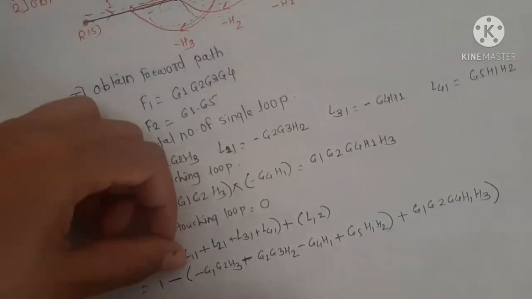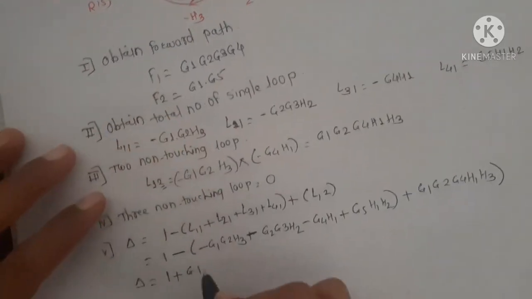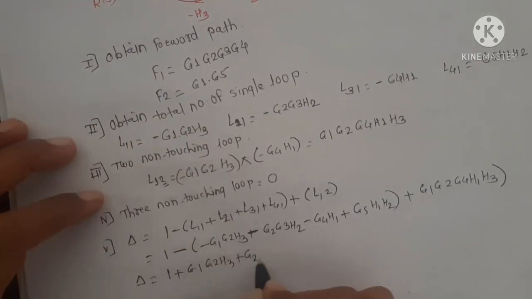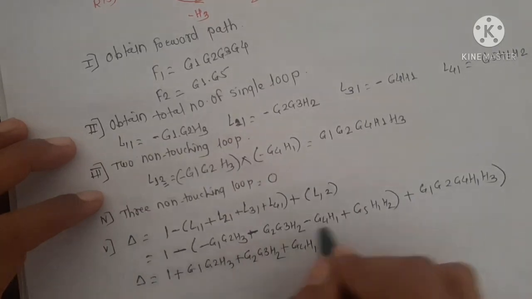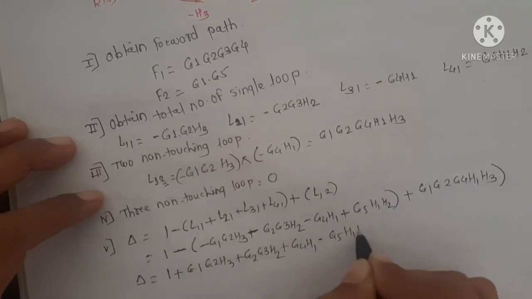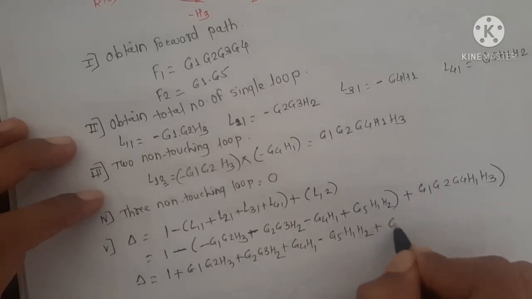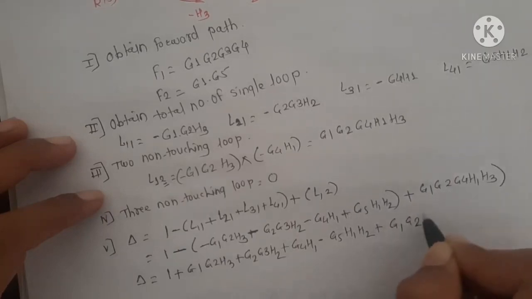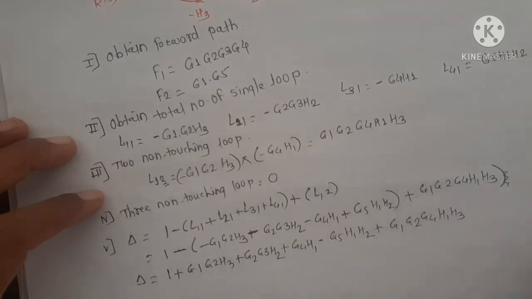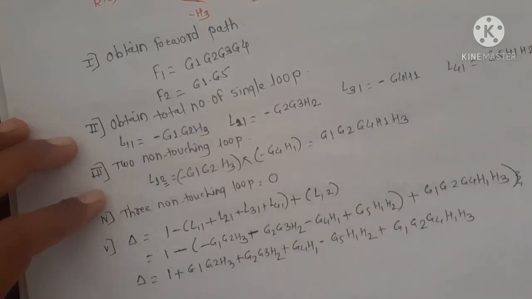So this will become 1 plus G1, G2, H3, again plus G2, G3, H2, again plus G4, H1, and this will become minus because here minus is present and here plus is present. Minus G5, H1, H2, and this term as it is, G1, G2, G4, H1, H3. So this is the value of del.